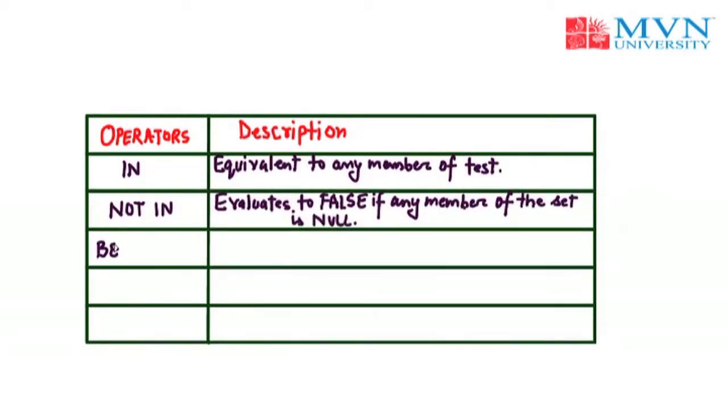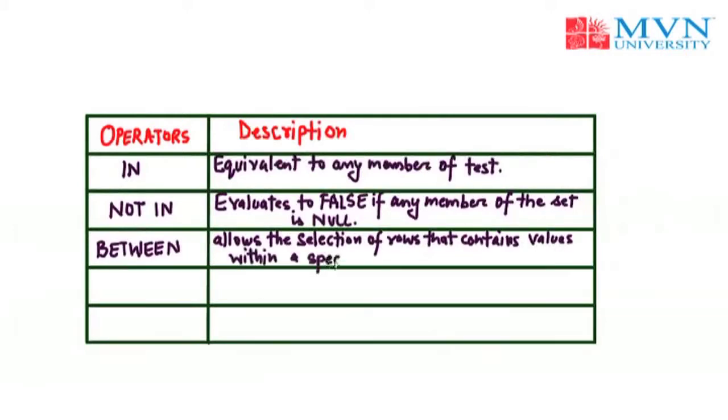Next we have the BETWEEN operator. The BETWEEN operator allows the selection of rows that contain values within a specified lower and upper limit.